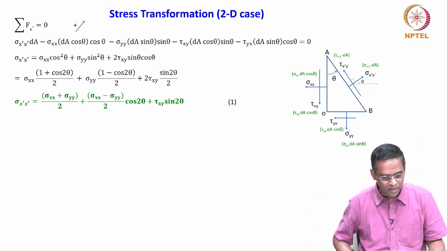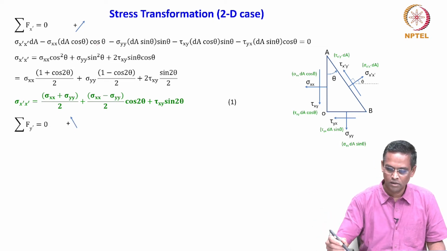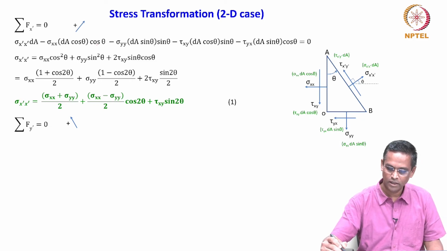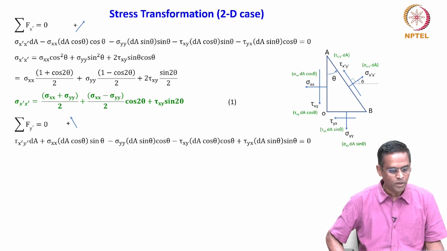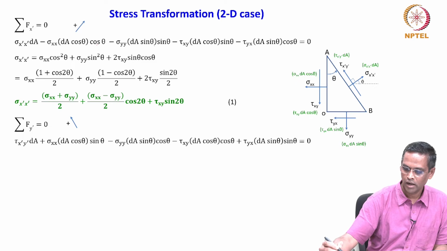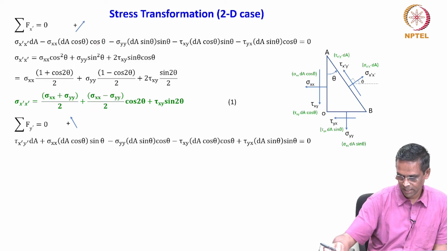Now similarly we are interested in shear stress. We look at the y direction, that means the sigma y prime direction, that is tau x prime y prime. You just look at all the components here. Tau x prime y prime dA is the shear force in this oblique plane, so that is positive. Plus sigma xx dA cos theta sin theta, because we are looking at this component in this direction, so that is positive.